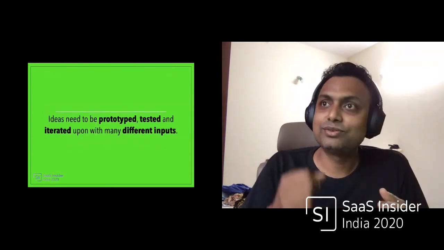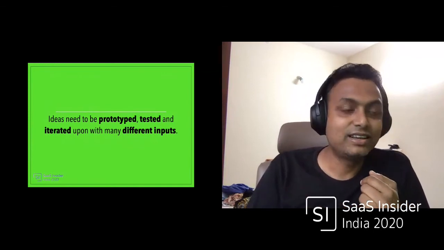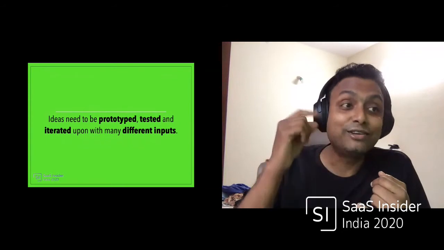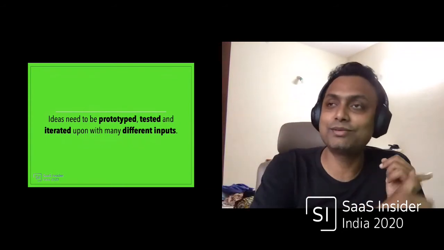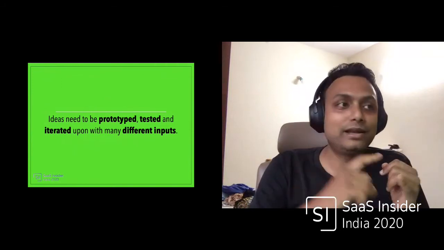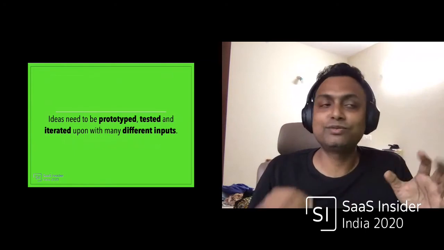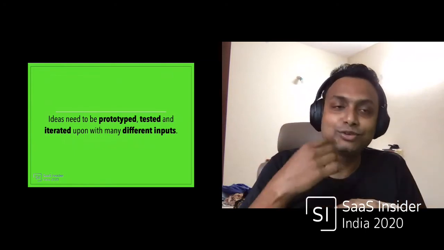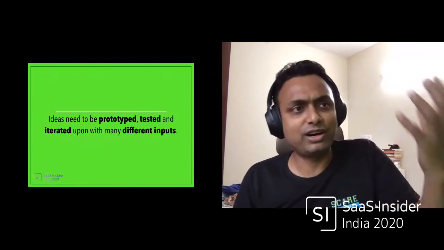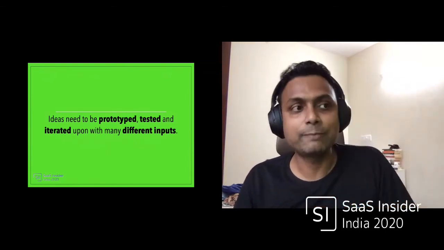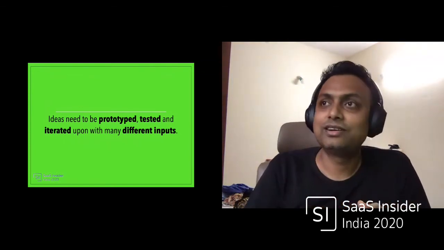One is we have to prototype, we have to test it, and we have to iterate on it from different inputs or from a different angle. It's not just about one prototype. You have to do prototypes for a variety of use cases, a variety of angles, and then you have to test with your users or with your team members, with your variety of segments of users, and only then can you eliminate your unconscious bias.